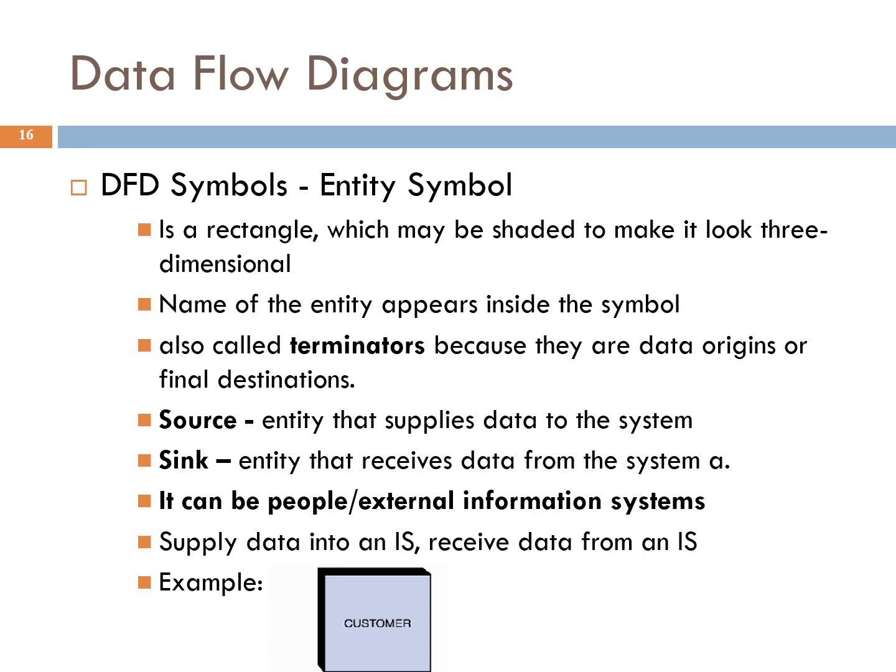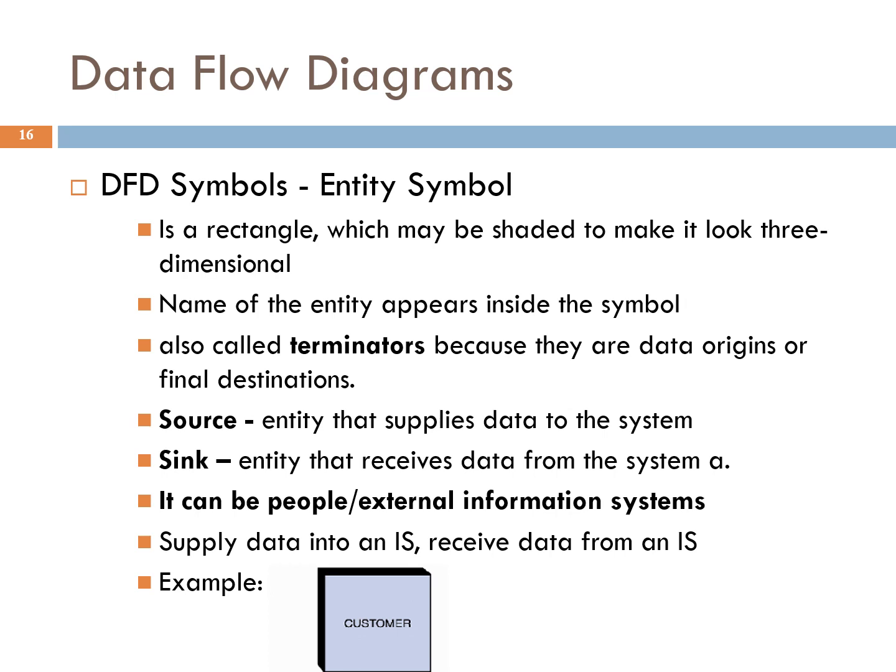Now we go to the entity symbol. It is a 3D rectangle or square. It is also called a terminator because it is the data origin and the final destination of data, meaning that when you have data, data must come from an entity or it should end at an entity.